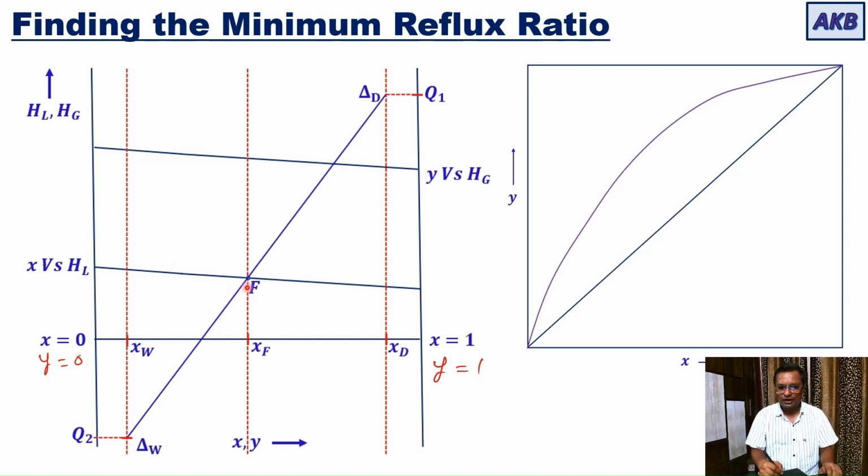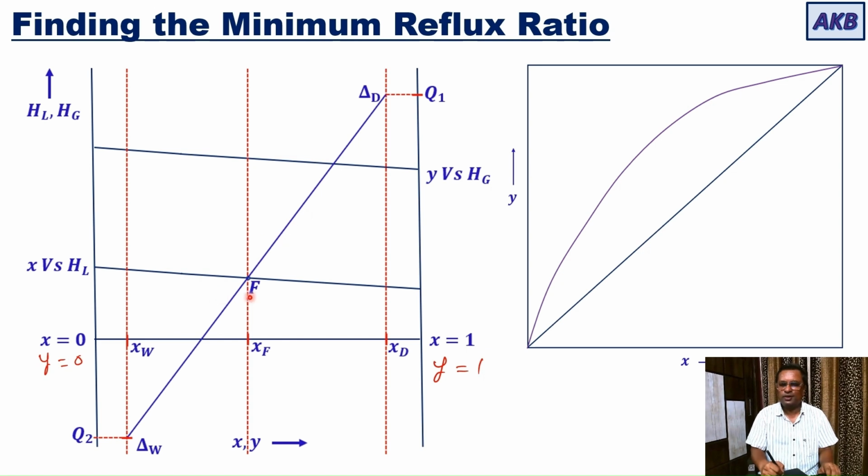What is the x coordinate of point F? It is XF. So we are concerned with that concentration in vapor phase that is in equilibrium with XF. Once you know that concentration, you can locate it on the upper curve and then you can draw a tie line.